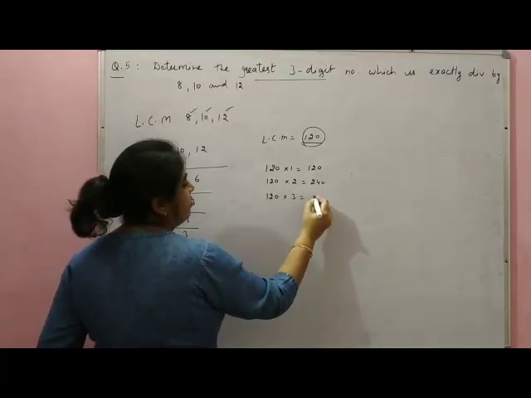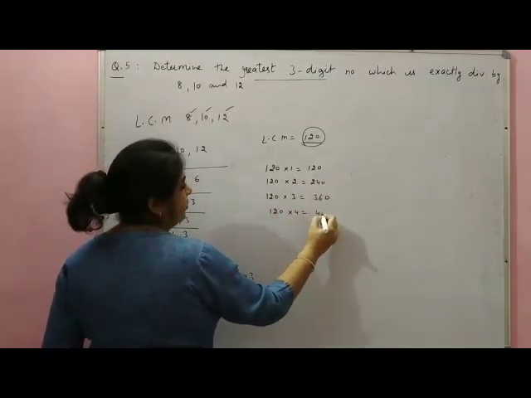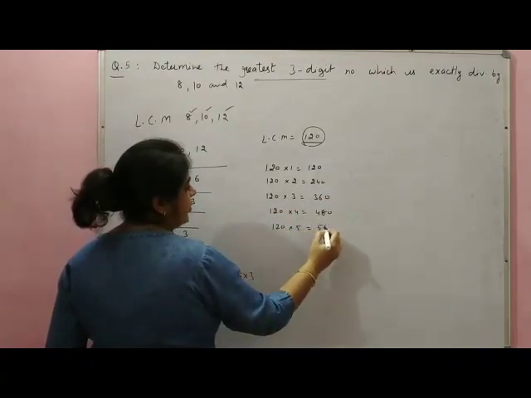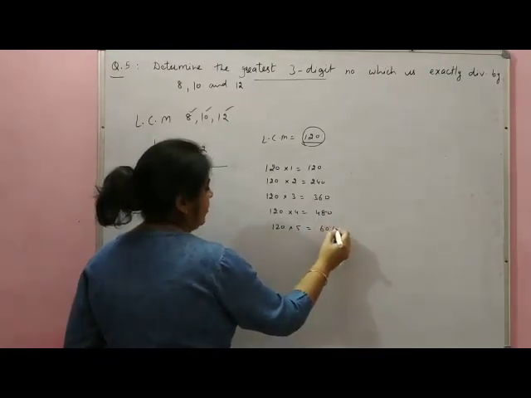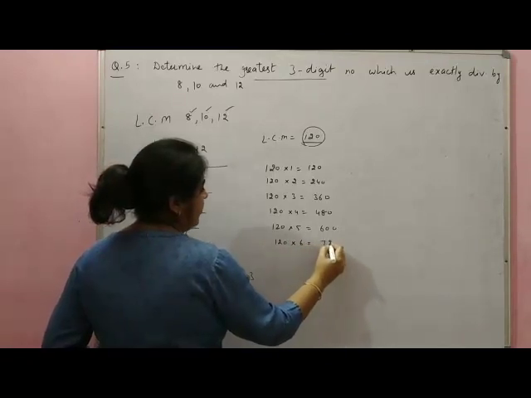We will go with multiples of 120. 600. 720.